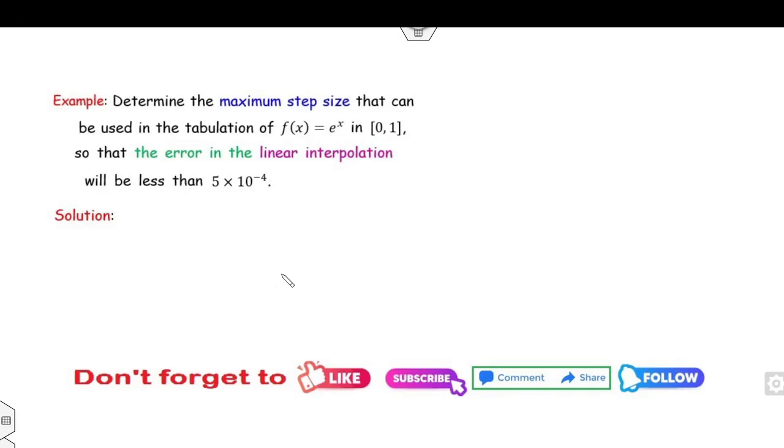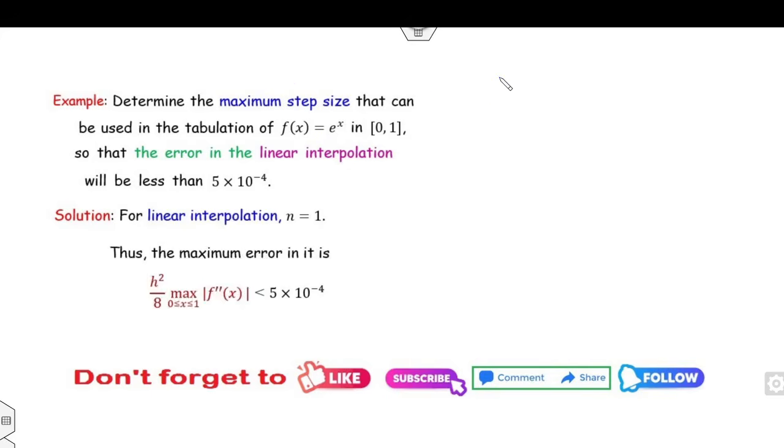Look at this another case. Find the maximum step size h for linear interpolation. Fine. So again we can use the linear interpolation formula for the maximum error, and it is less than this. I think that's very simple. Now the only thing is you need to compute the second derivative. First derivative is e raised to power x itself. Second derivative is also e raised to power x itself.